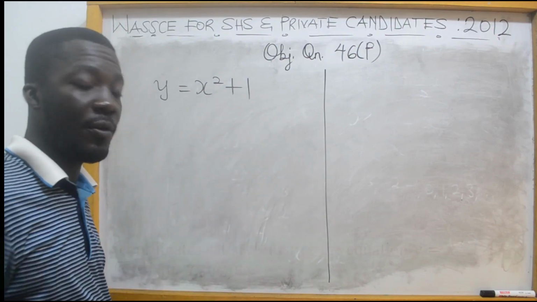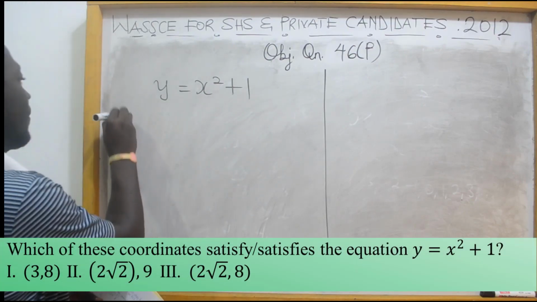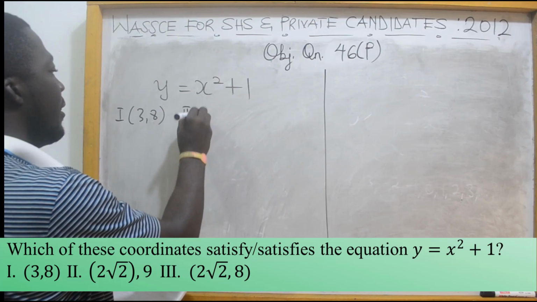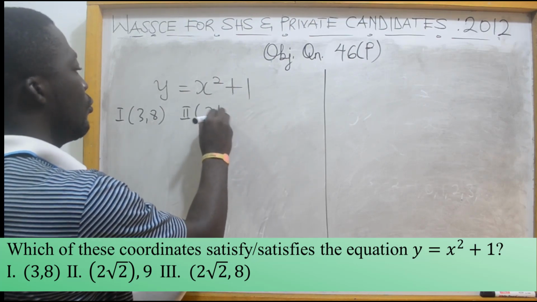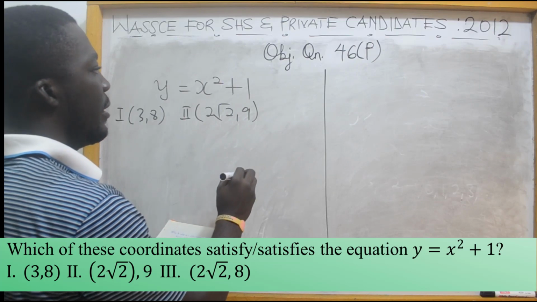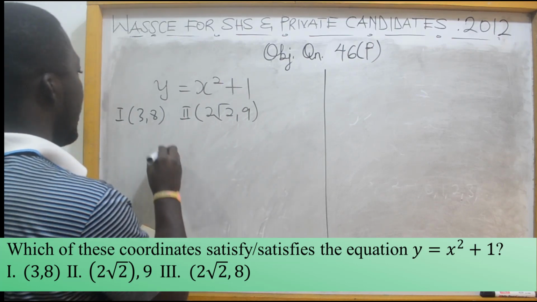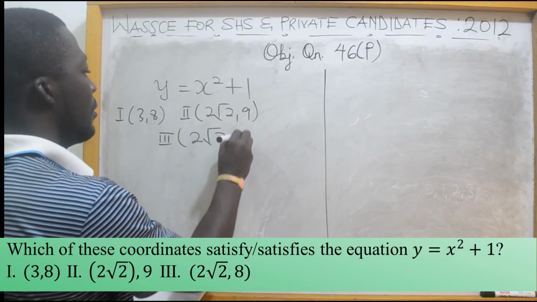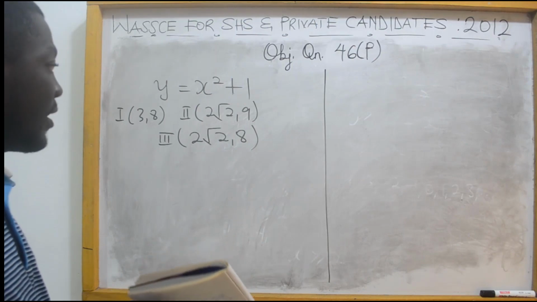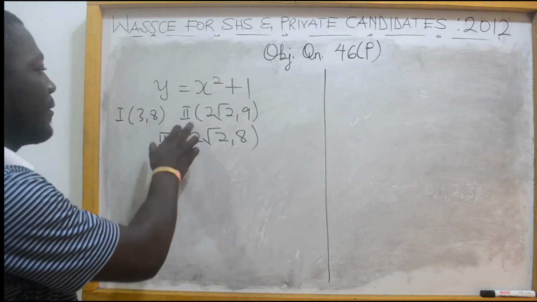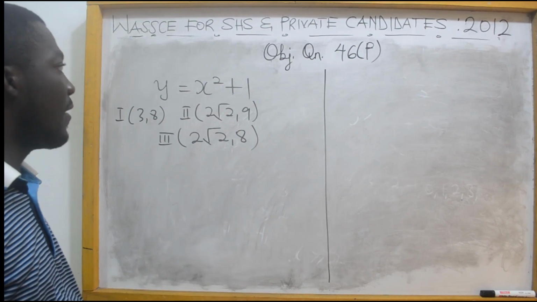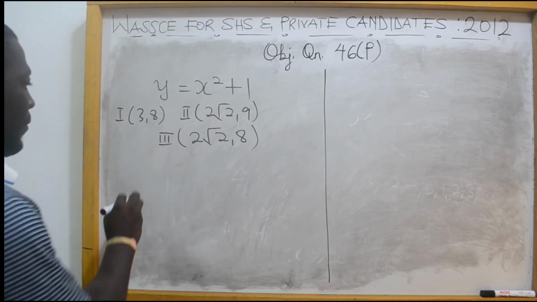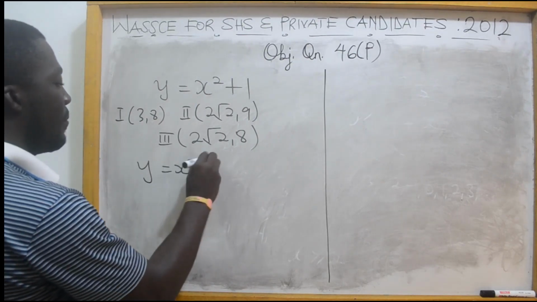We have been given coordinates I, which is 3, 8, II, which is 2 root 2, 9, and III, which is 2 root 2, 8. So we have been asked which of these three satisfy this equation. So let's start with the equation y is equal to x squared plus 1.